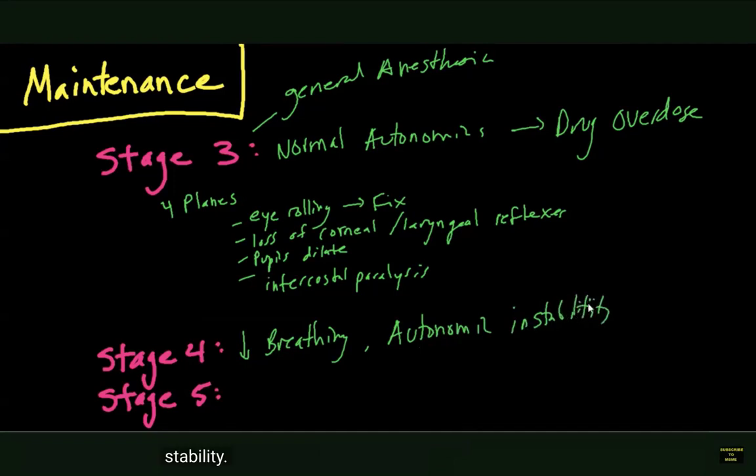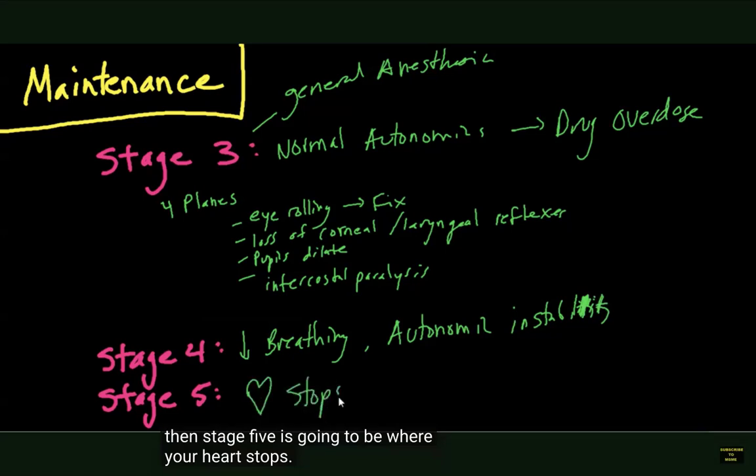And then stage 5 is going to be where your heart stops. So stage 4 is going to be an overdose, but our heart is still maintaining its perfusion. We're still maintaining adequate cardiac output. Stage 5 is where our heart is going to stop. That means you have gone way too far.